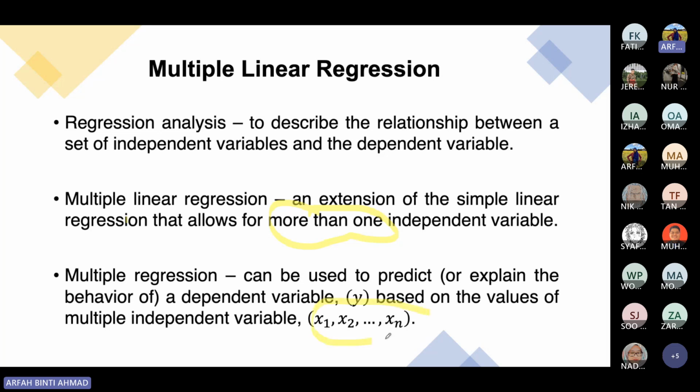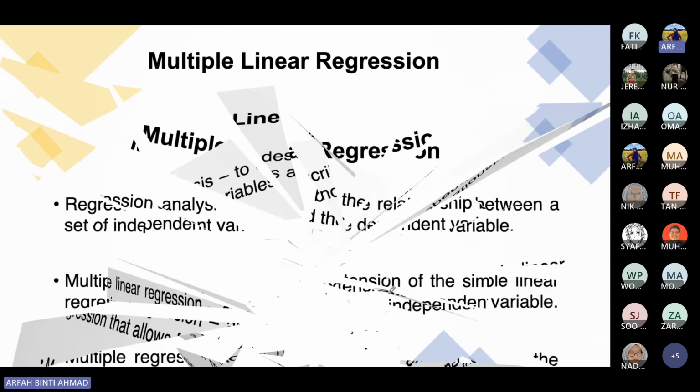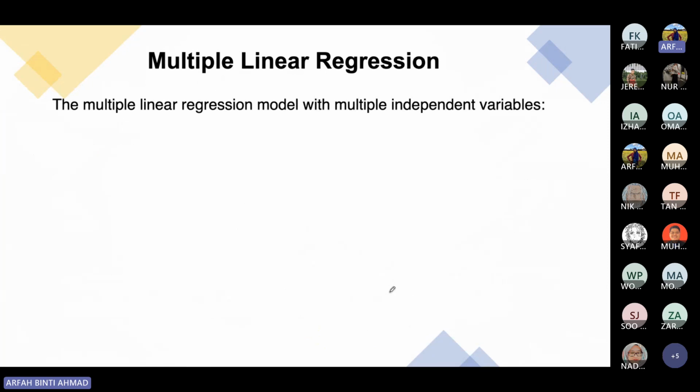Say you have x1, x2 up until xn. Because in our daily life, we don't have only one independent variable. Normally, we have more than one independent variable that will determine the dependent variable. So, in this case, the multiple regression model will multiply the independent variables.